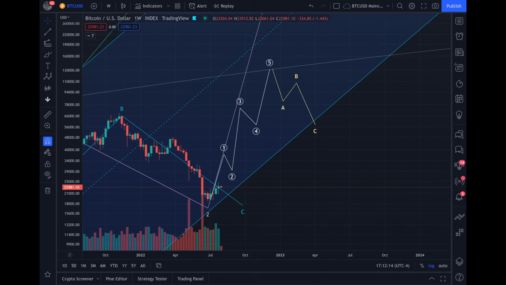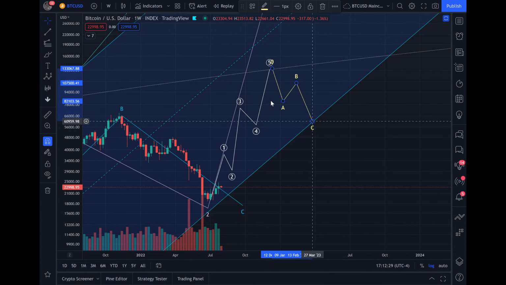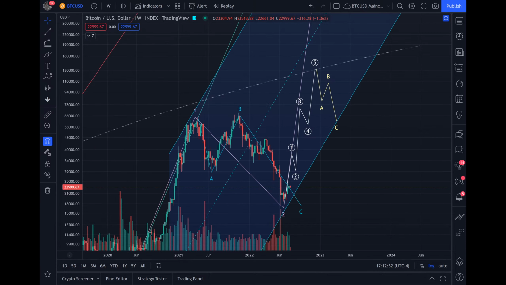And so yeah, my projection based off of this model is that the beginning of October is a likely target for 100K. But once we hit 100K, expect a massive sell-off back down to test the resistance of our previous all-time high, which is over here.